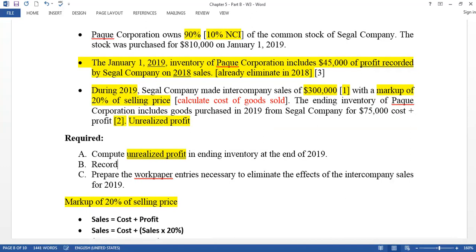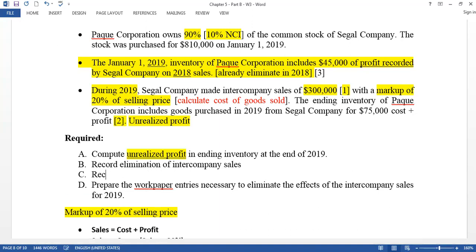Record intercompany sales. Then record intercompany unrealized profit.